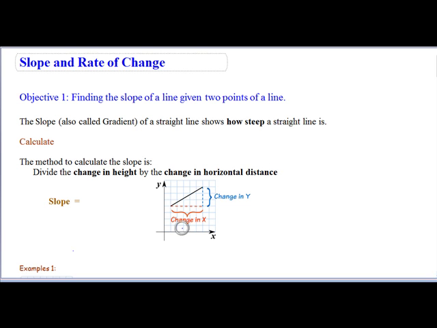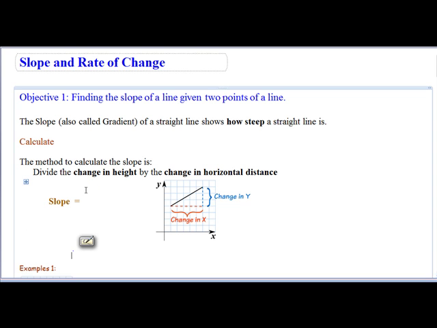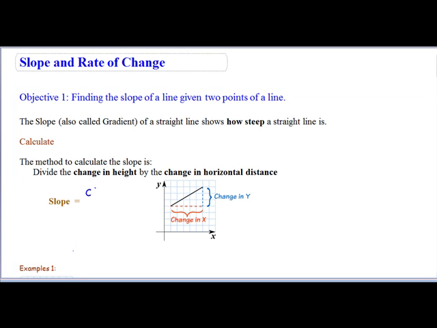So look at this graph right here. Here is the straight line. We're looking for the slope of this line, which is the change in y over the change in x.